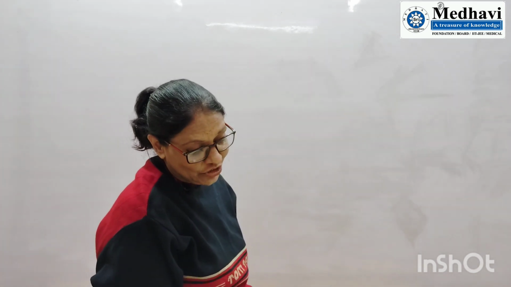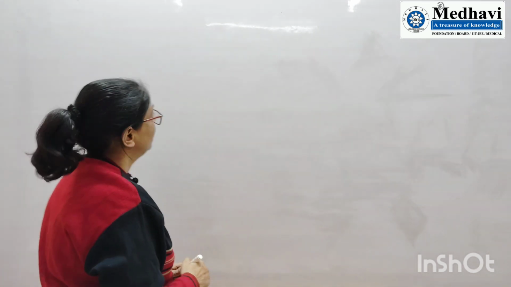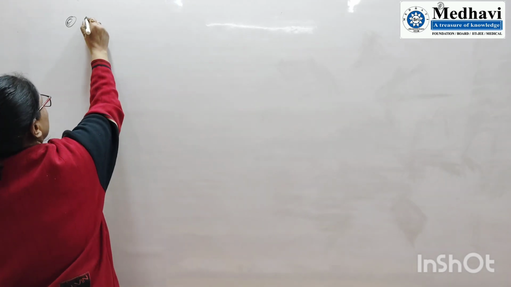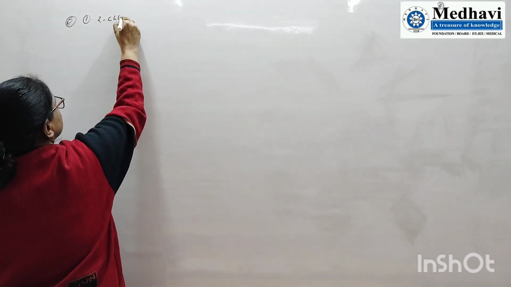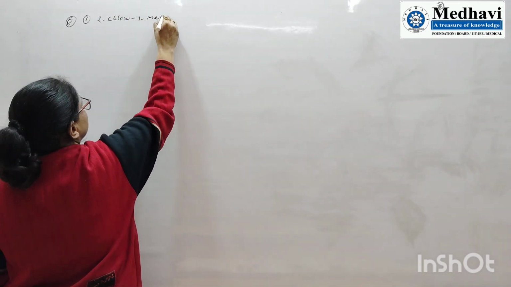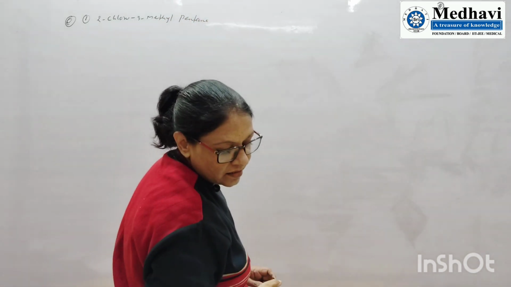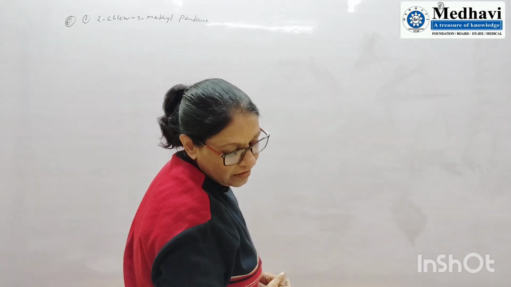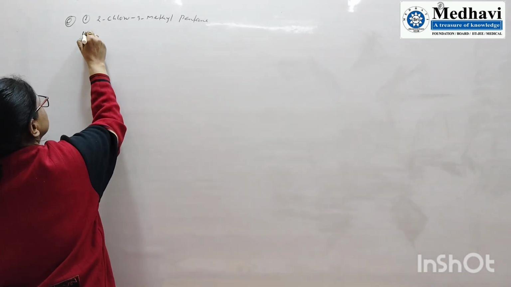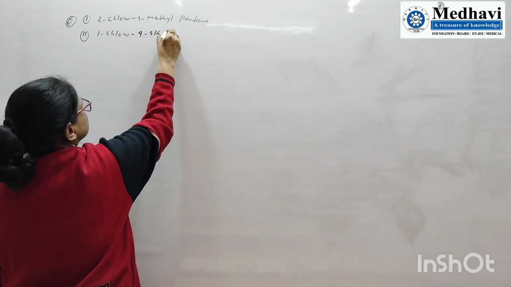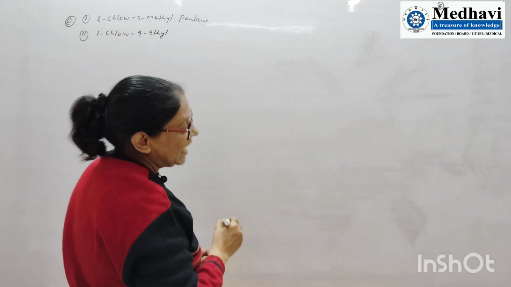So the question: write the structure of the following compounds. Very important question I am going to give you. Mind it, this is a very important question. First, 2-chloro-3-methylpentane. Second, 1-chloro-4-ethylcyclohexane.